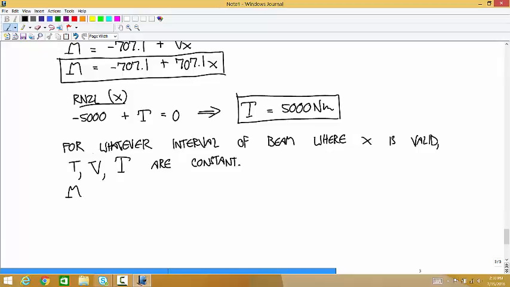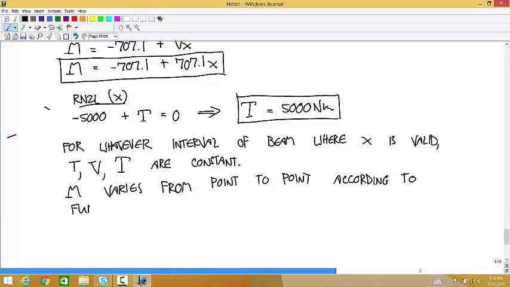We can come up with problems where they all change, but in this case, the bending moment varies from point to point, according to that function that we found. Any questions about that?